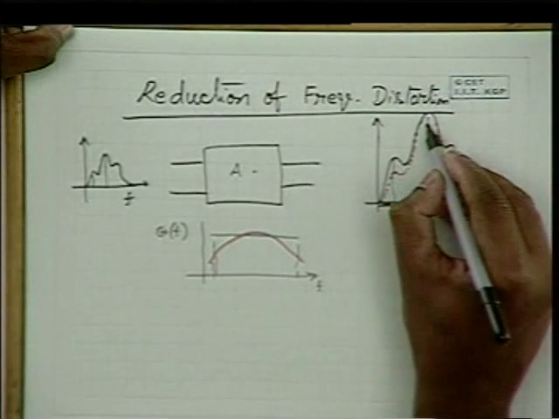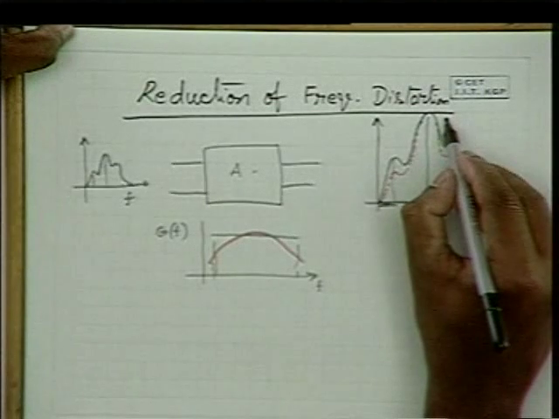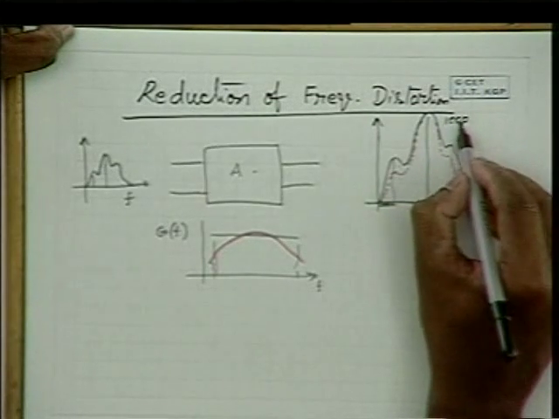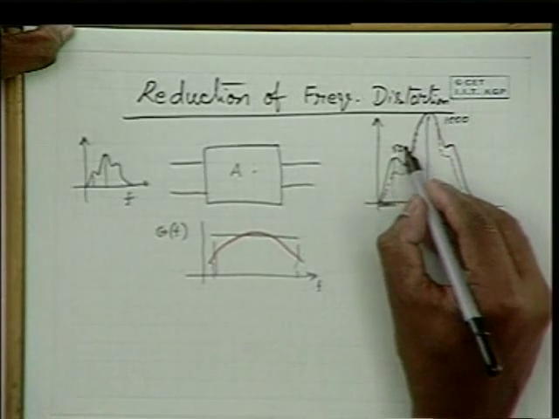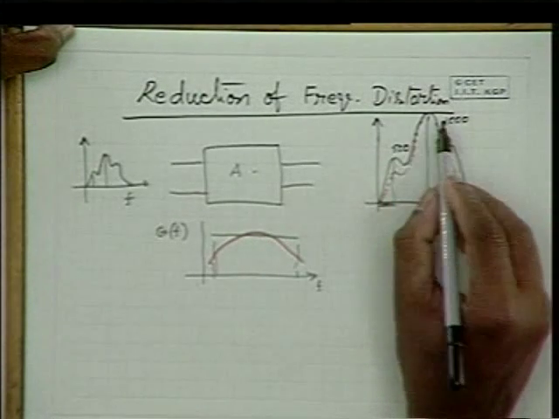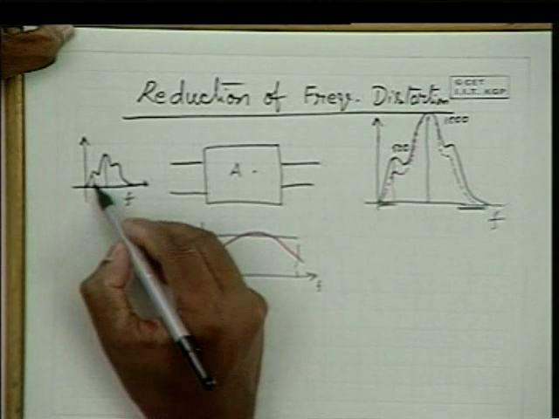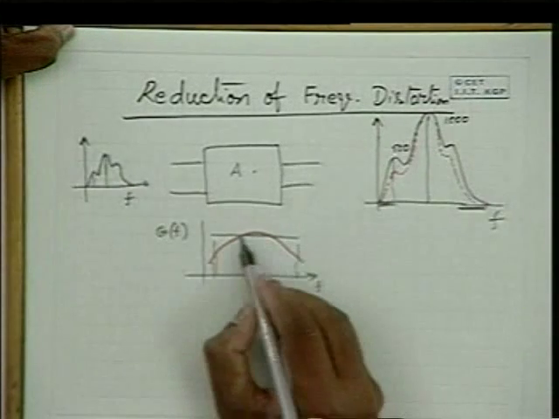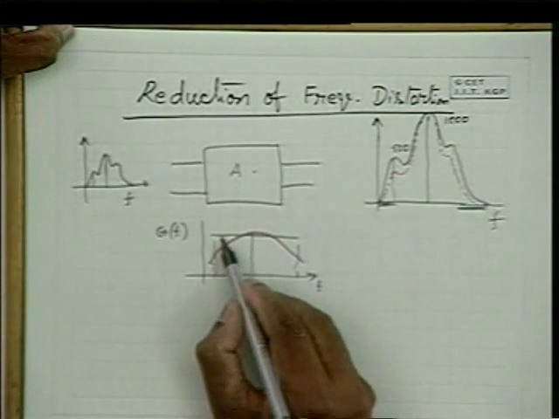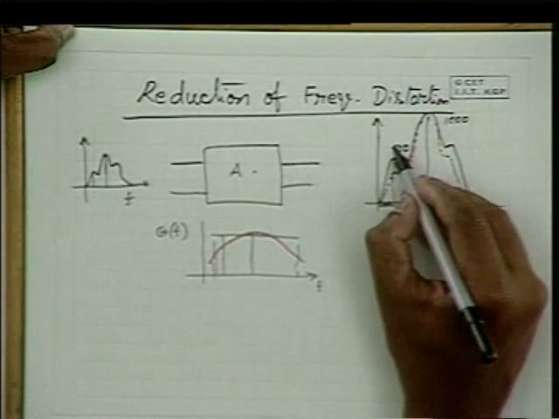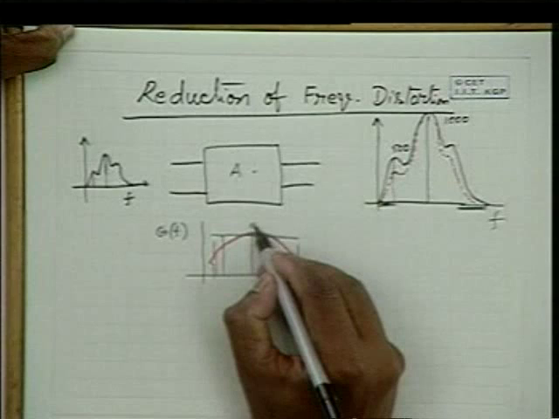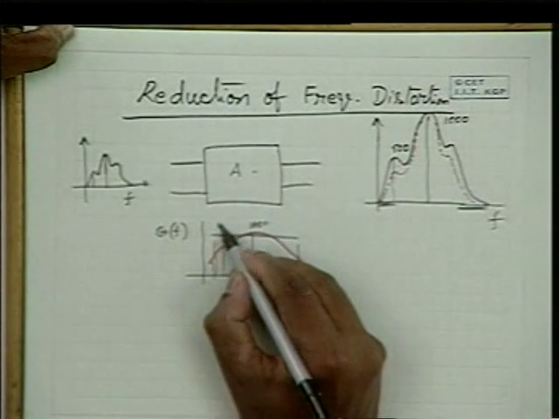Say the gain here is 1000 and gain here is 500. See this spectrum for this signal and for this signal, we want the gain to be constant, say 1000. The gain to be 1000 for this and for this also.